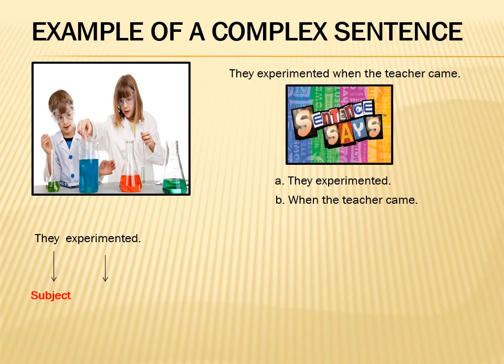They is a subject, experimented is predicate. When the teacher came, the teacher is the subject, came is a predicate. As you know, predicate has always a verb.